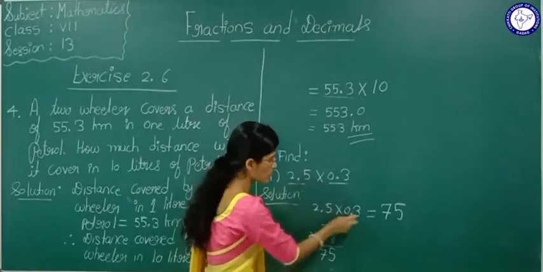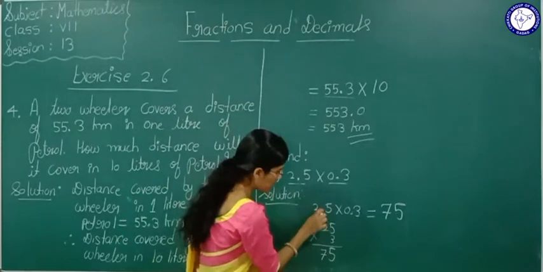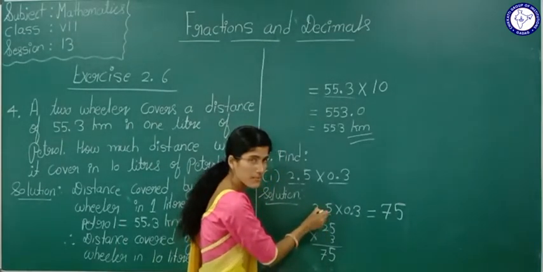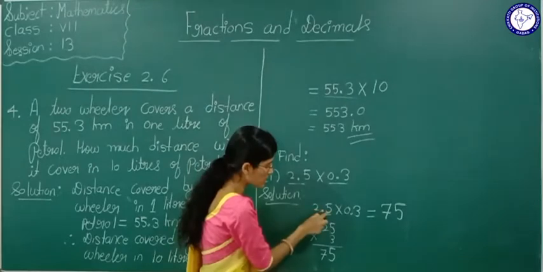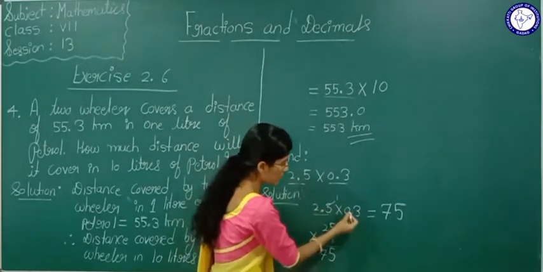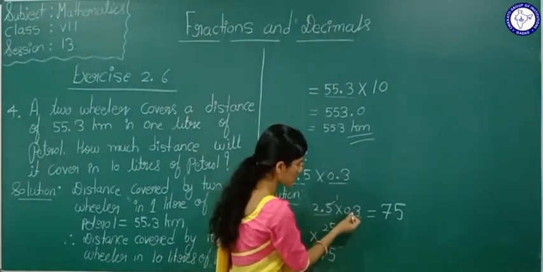The question arises how to give the decimal point. What I told in the last class: in this decimal number, the decimal point is there. After this decimal point how many digits are there? 1. Here also the decimal point is there.